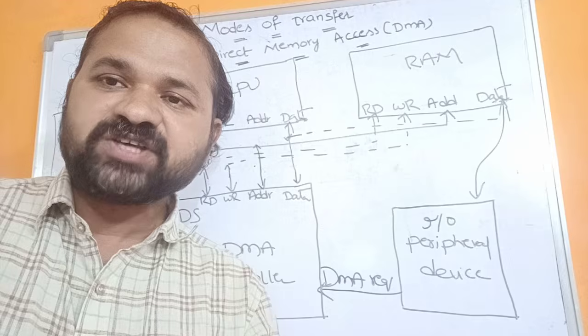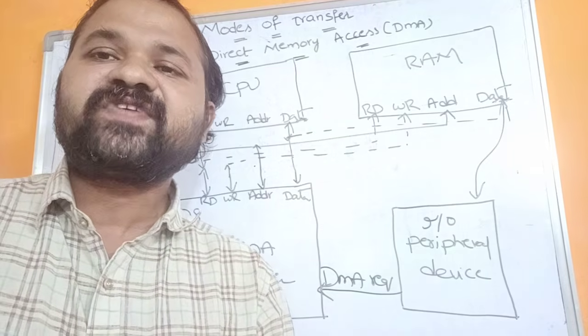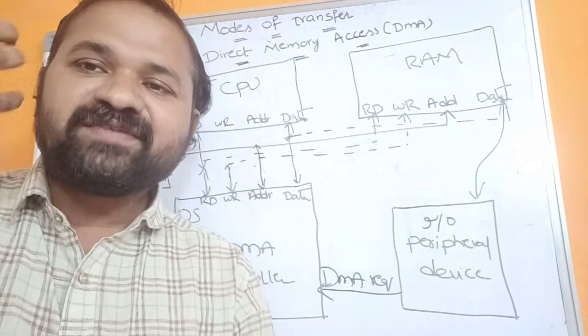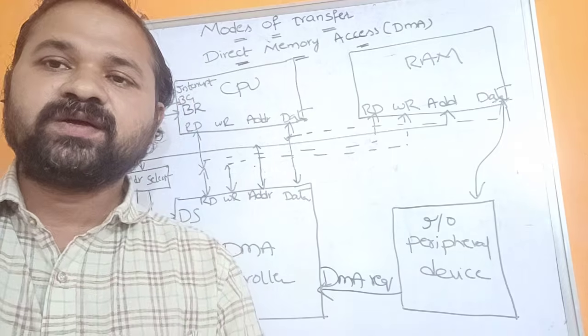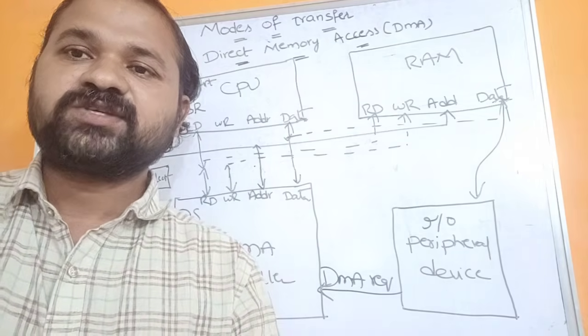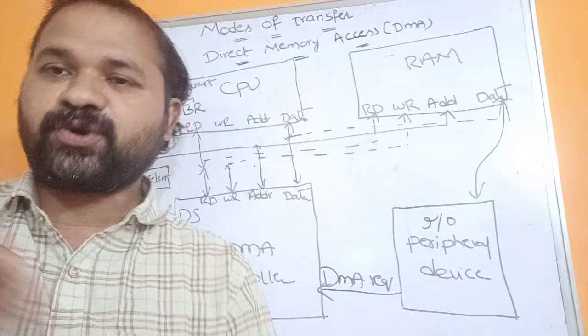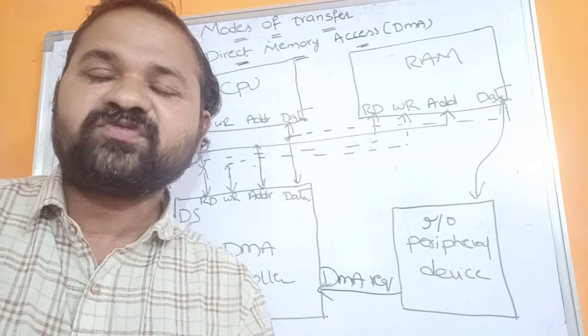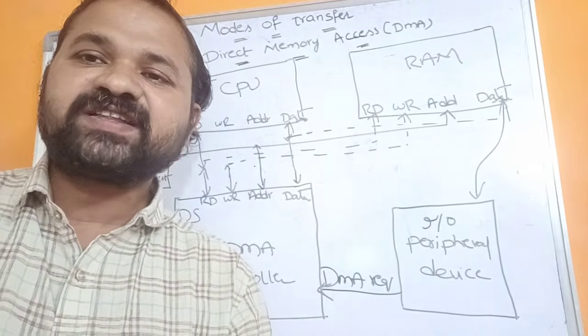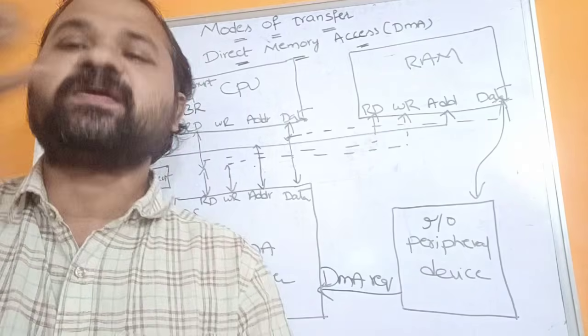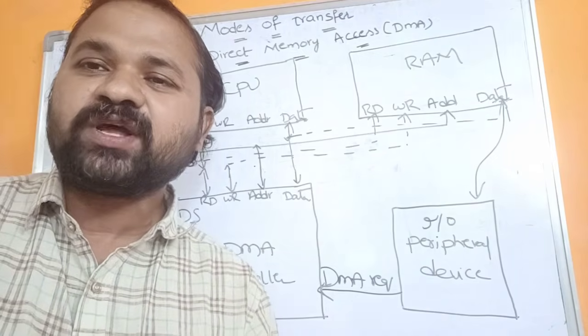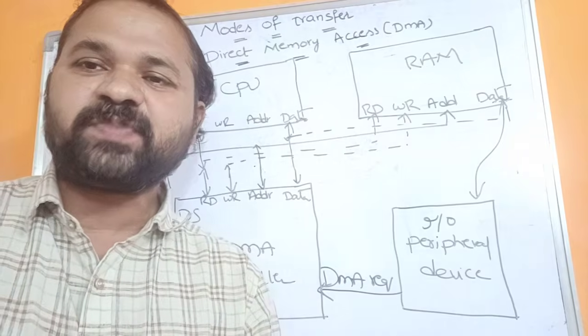The major advantage of DMA is it transfers the data between IO devices and memory without the CPU. So here there is no need of CPU control. It is the responsibility of the DMA controller to transfer the data between IO devices and the memory. Here the DMA controller is a processor just like a CPU.